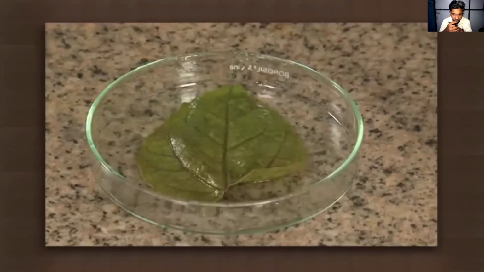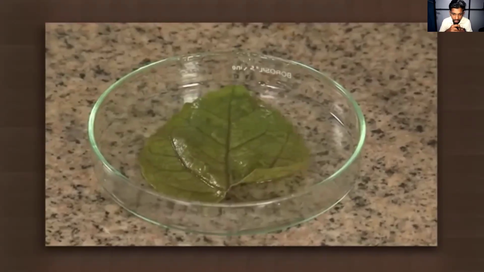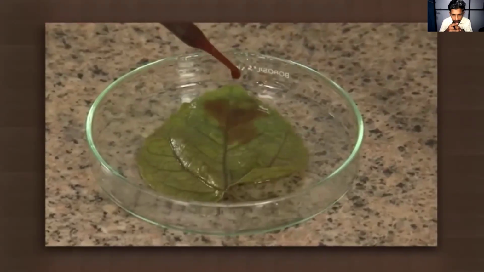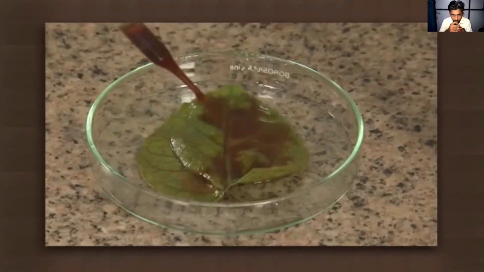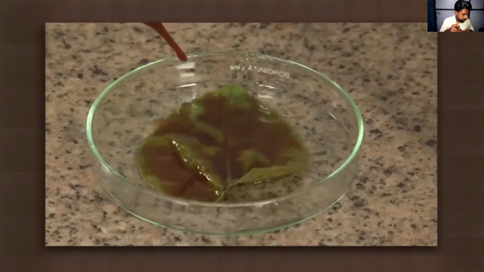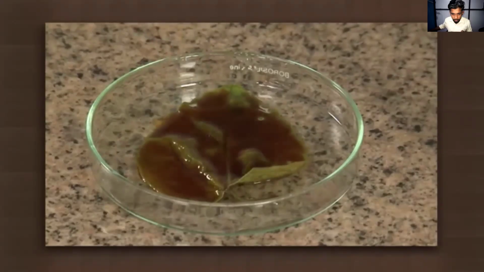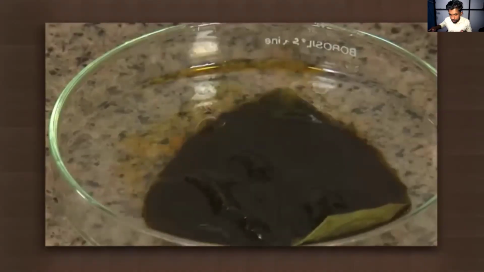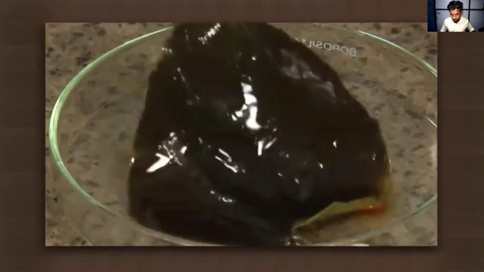Now we are going to add some iodine. Observe the color change after adding the iodine. Note the color of the leaf. It changes to dark green. This is because iodine combines with the starch present.